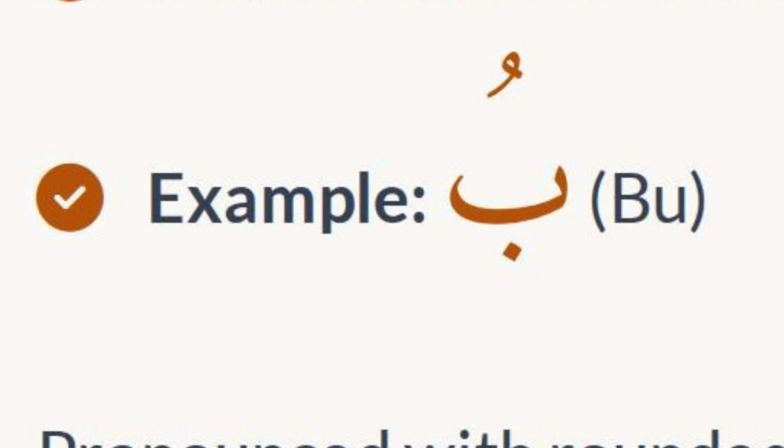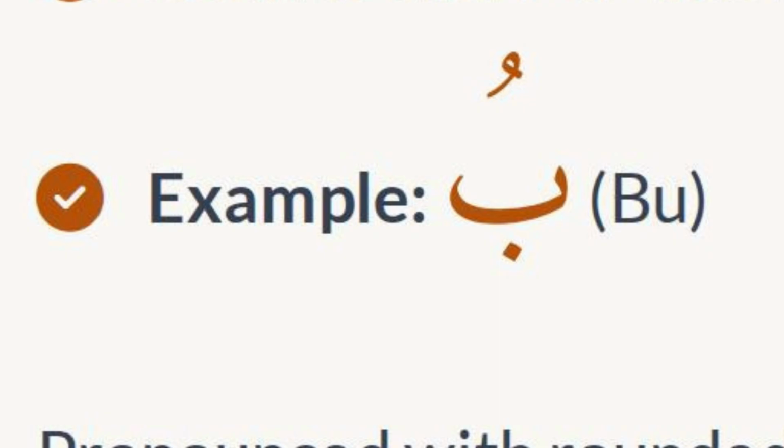And we have a Dhamma. The Dhamma looks like a tiny version of the letter waw. It's placed above the letter, and it produces a sound like oo, like oo in push or foot. Okay, let's see some examples. If we have here the letter ba, and we put the dhamma above it, it will be like this, bu.